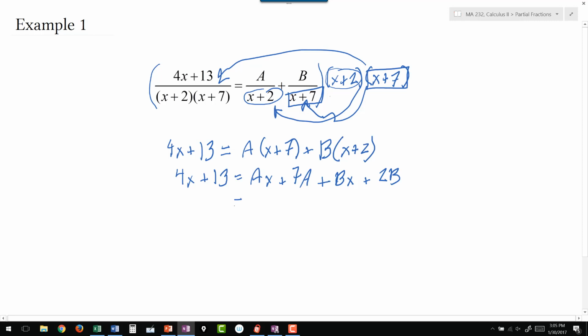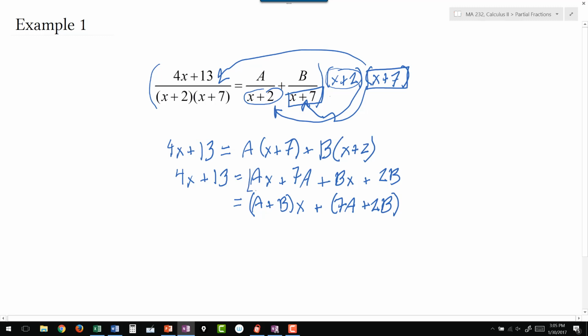Collecting like terms allows me to rewrite this as (A + B) times x plus the constant term 7A + 2B, in other words, the term that doesn't have any x's in it.